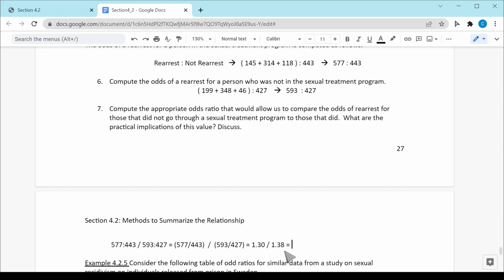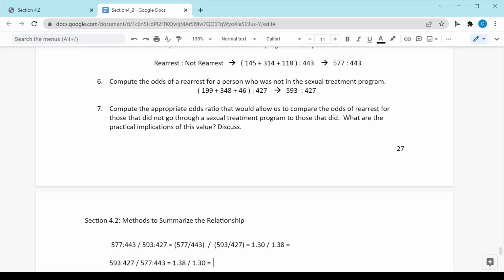Okay, and unfortunately, I did this backwards. So we want to put these odds in the numerator because this thing is going to be less than 1. And it's always easier to talk about these quantities when the thing that I'm calculating is bigger than 1. So if I do it this way, I'm going to have 1.38 in the numerator and 1.30 in the denominator.